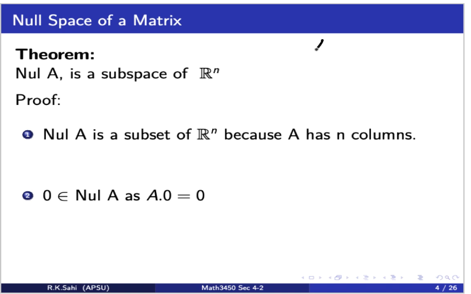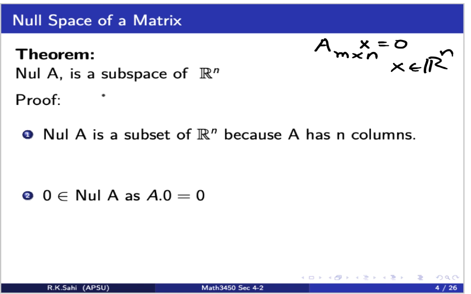Keep in mind, every time we're talking of a matrix A, we are looking at a very general matrix A of size m rows and n columns. So null space, which we just said, is the set of all solutions of the homogeneous equation Ax equal to 0. Remember that. This x is an element of Rn.